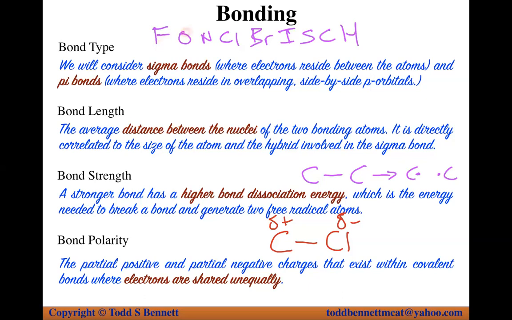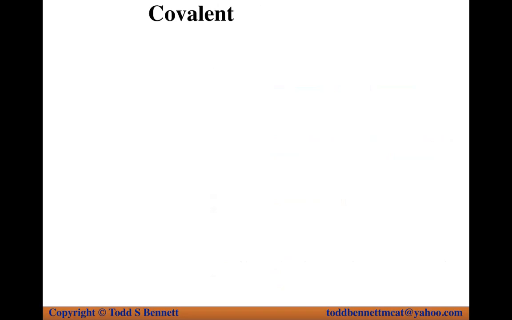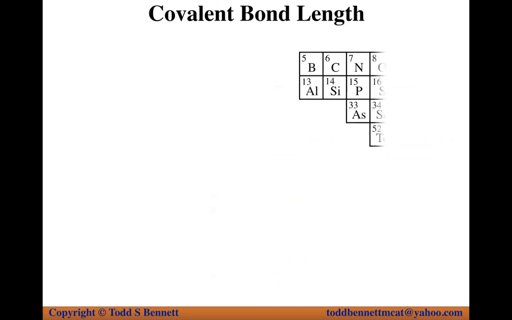Fluorine beats oxygen, which beats nitrogen, chlorine, bromine, and so forth. So because chlorine is more electronegative than carbon, it's going to be delta minus, and carbon will be delta plus. If I had a bond between O and I, O would get the delta minus, I would get the delta plus.